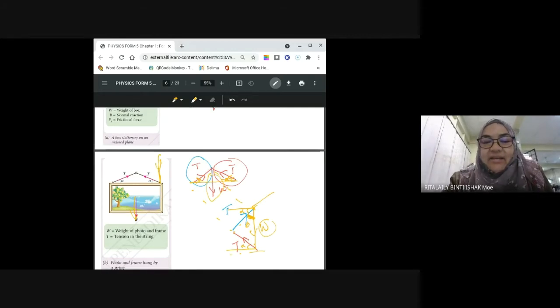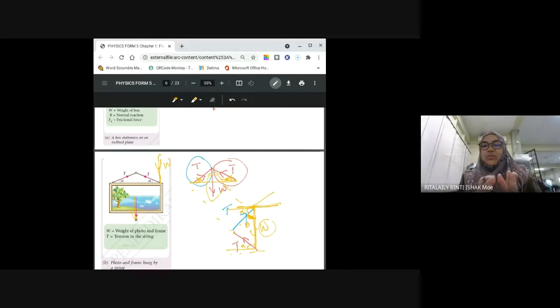If I shift the W, W is here. W is 90 degrees to the frame. And in this diagram, W is this one, right? So it is 90 degrees with the horizontal line. So alpha and beta should get 90 degrees.